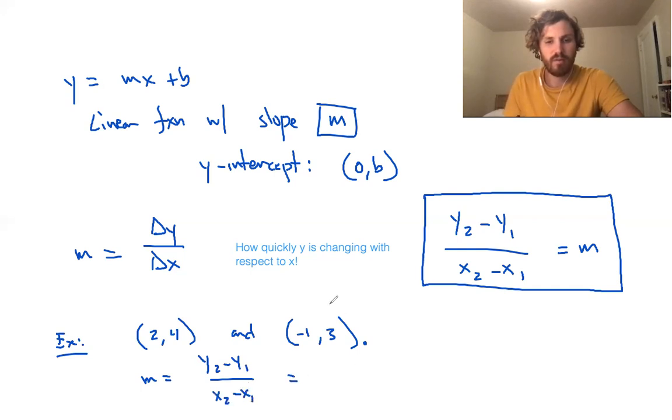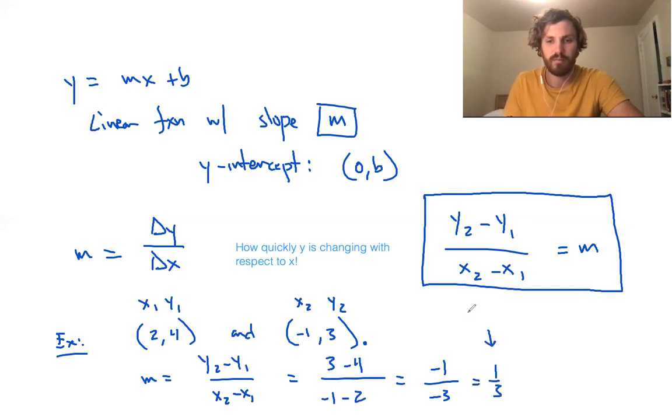And so let's call this x2, y2, and this x1, y1. So now that would be 3 minus 4 divided by -1 minus 2, which is -1 over -3, or 1/3. That is the slope. That's the constant rate of change.